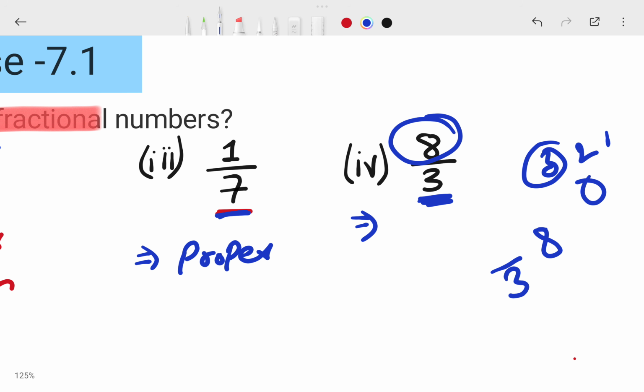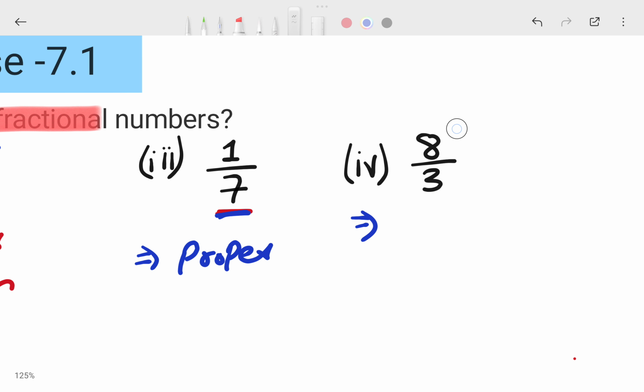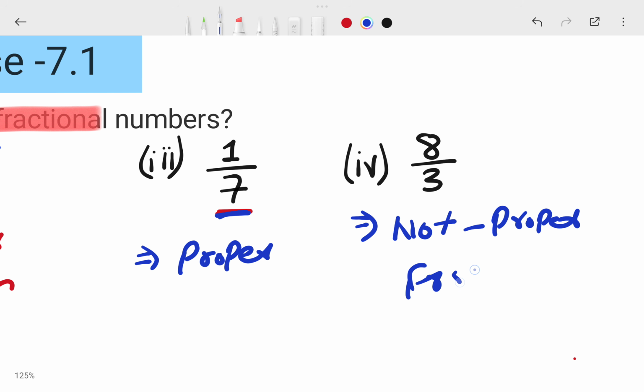It is not possible. So it is not a proper fraction, you can write here. Fraction.